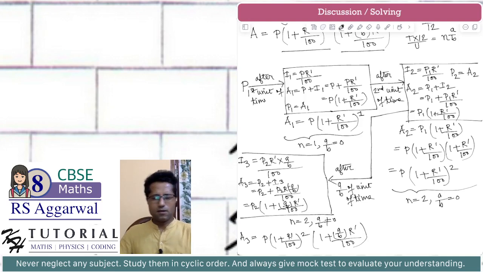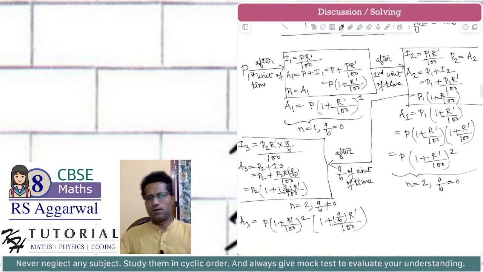So now we have the third factor, that is 1 plus A by B R dash divided by 100. This was the scenario when n is equal to 2 and we have a fractional part A by B. That A by B could be anything. So you can see the amount A3 is coming as per the general formula.